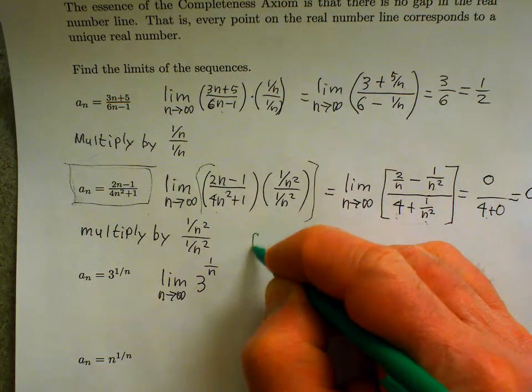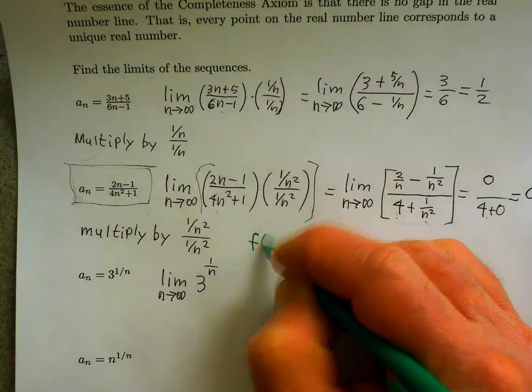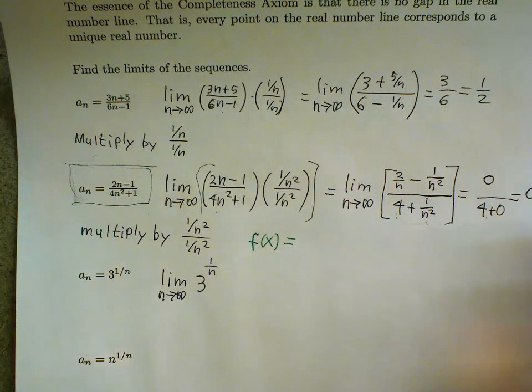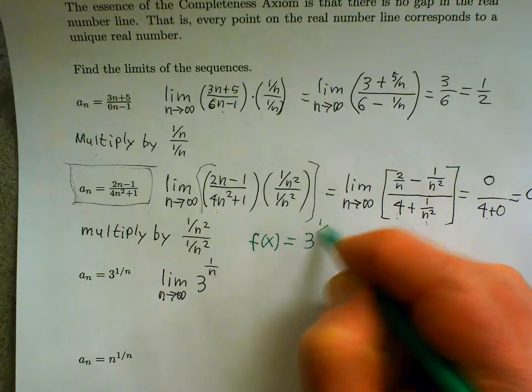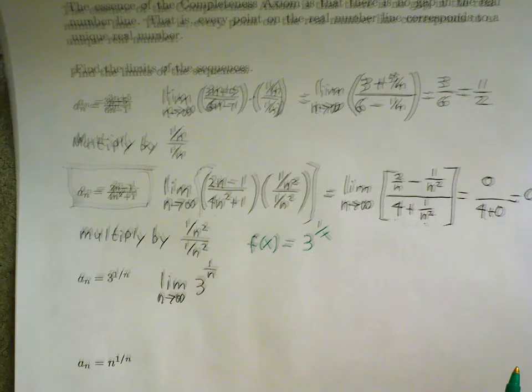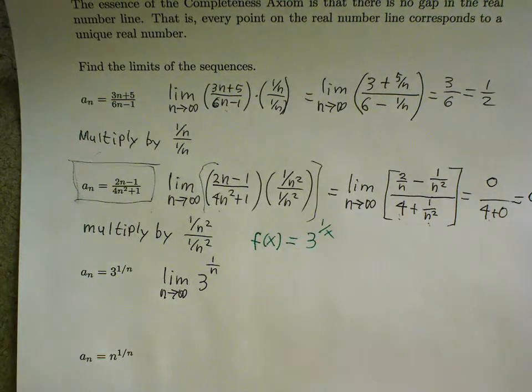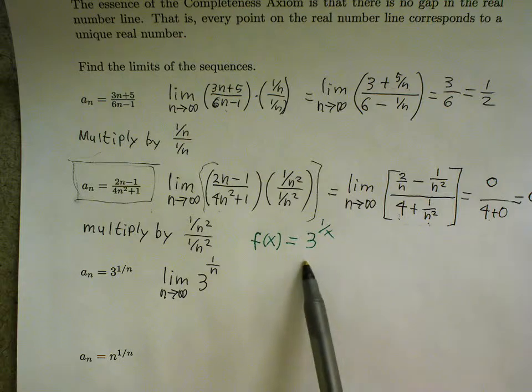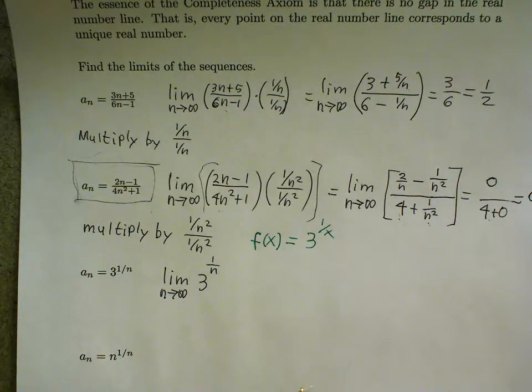And so if we think of this as f of x equals 3 to the 1 over x, and then if we take the limit of 3 to the 1 over x as x approaches infinity, so I'm referring to a theorem that we talked about earlier.